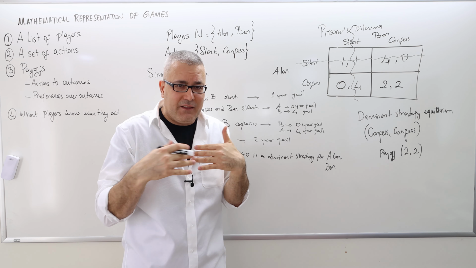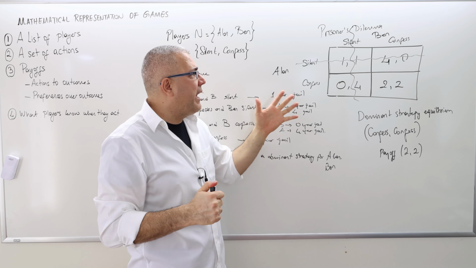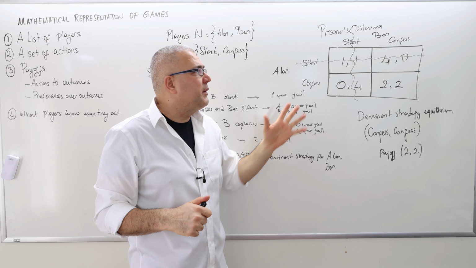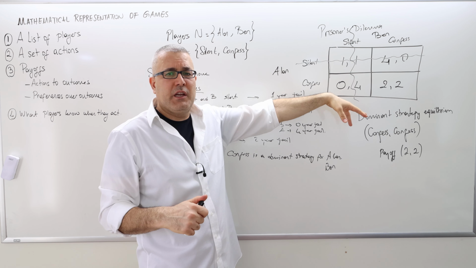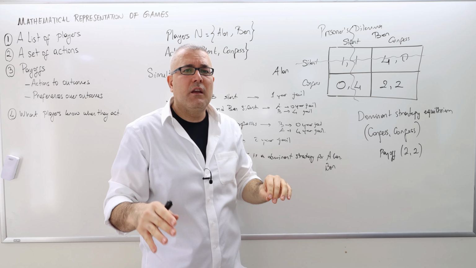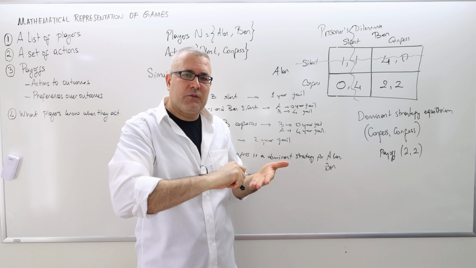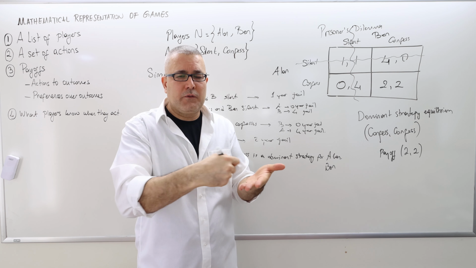But even if I had the opportunity to talk to him before playing this game: Ben, we should remain silent because we will end up with 1 year in jail as a result. So remain silent, don't say anything. And then we go into separate rooms, and we write down our action.